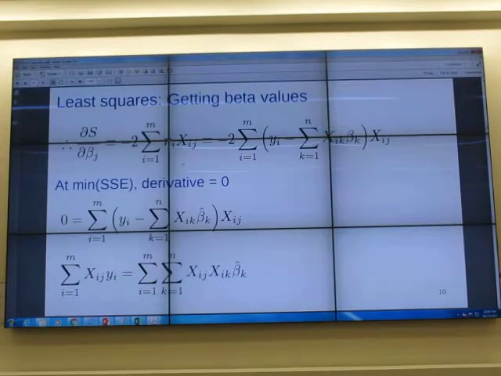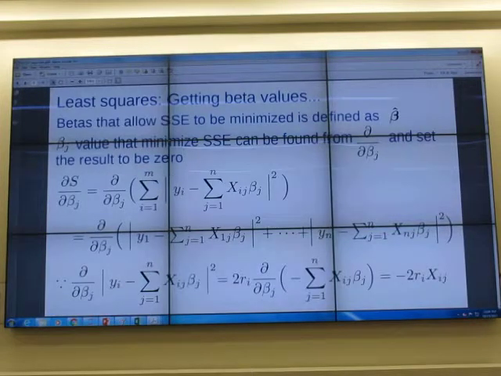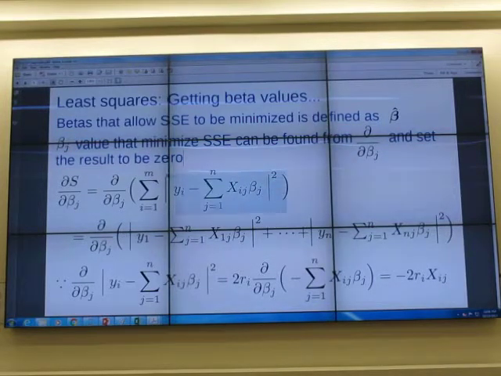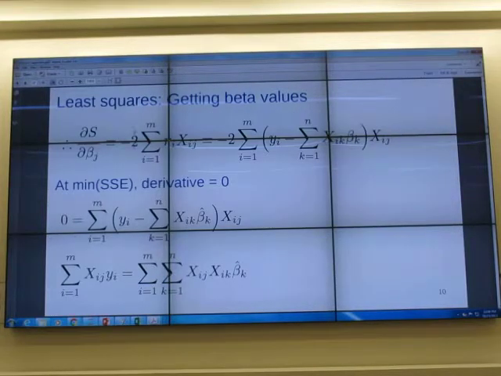See my point? This summation sign stays, because I just showed you how to take the derivative of just the inner part, which equals minus 2 ri xij. So when I have the summation, just put the summation back. Then I have this.